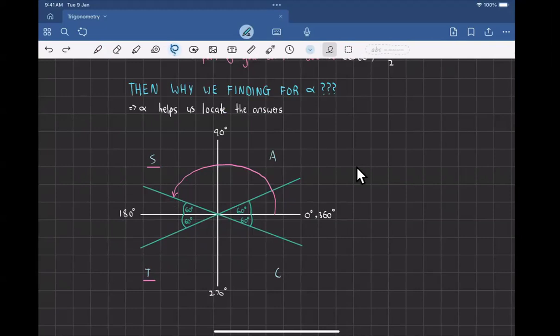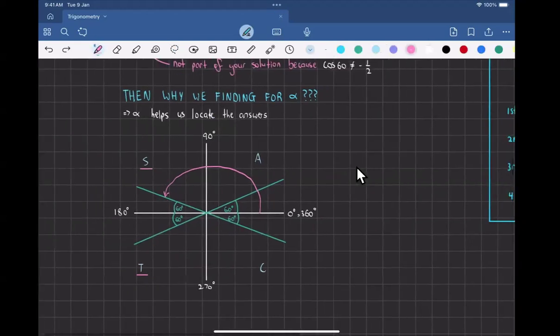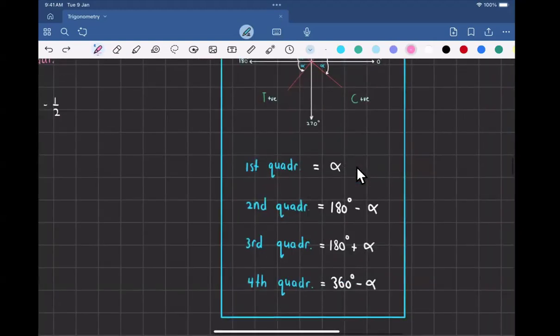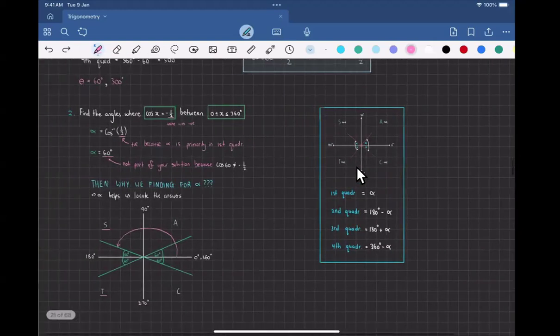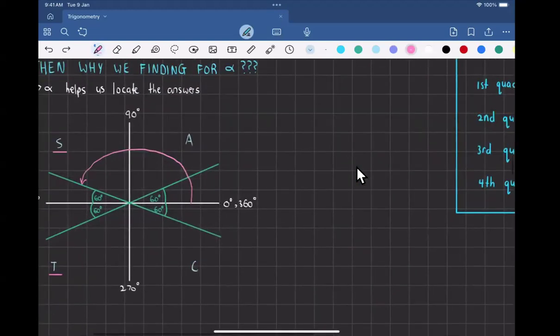So if you stop 60 degrees right before 180, what angle does that make it? 120. Yeah, and that is why in the second quadrant we're saying 180 minus alpha. So in the second quadrant, that would be equal to 180 minus 60.